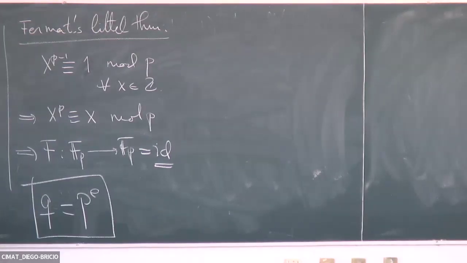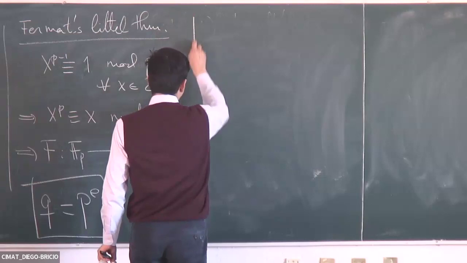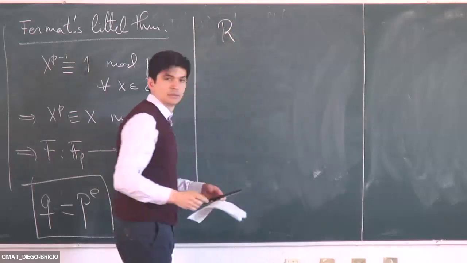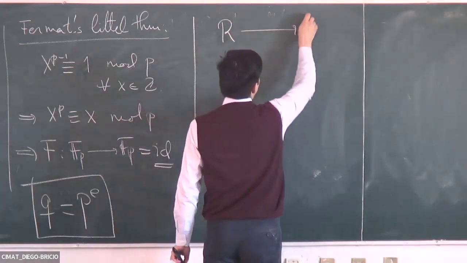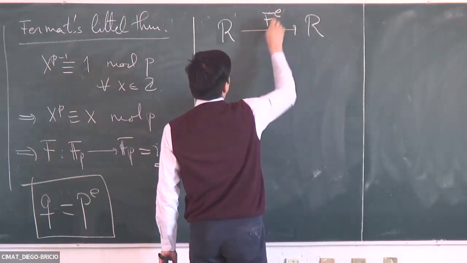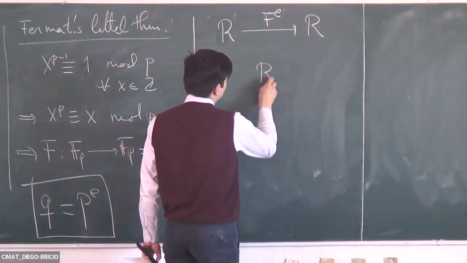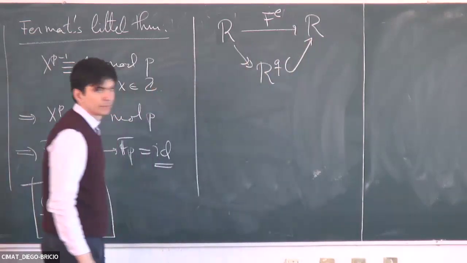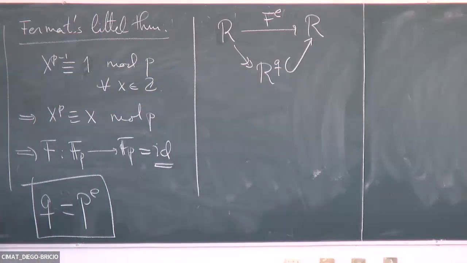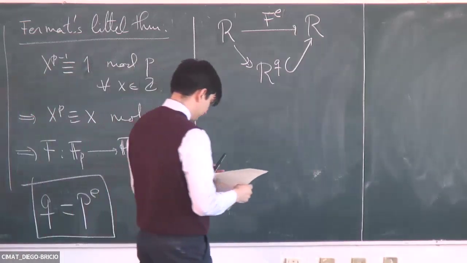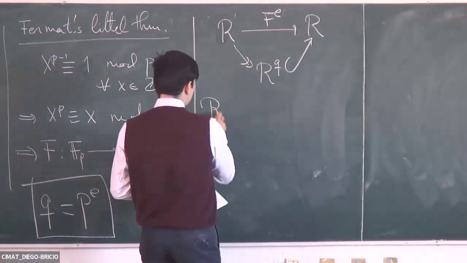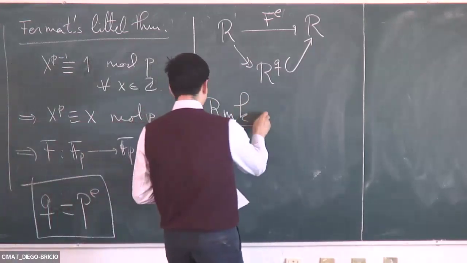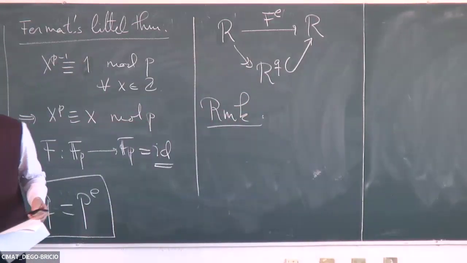So other things we're going to do is that the image of Frobenius, so you have Frobenius here, and so the image is going to be denoted by R to the q. Okay. Remark that is going to be an exercise for you. It's very important from an algebraic geometric point of view.